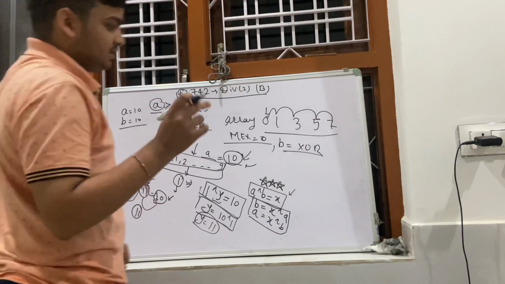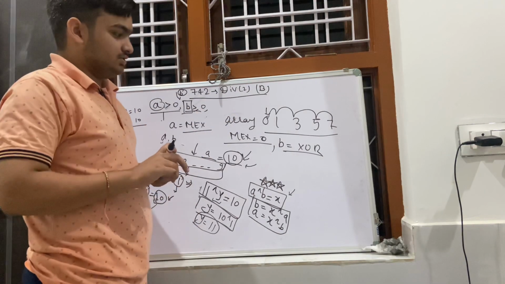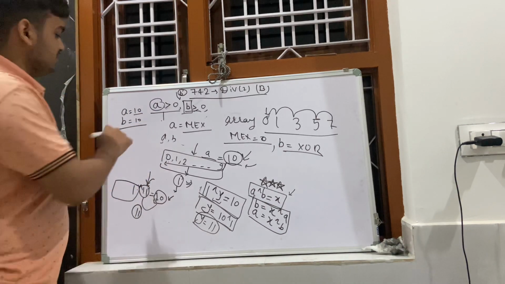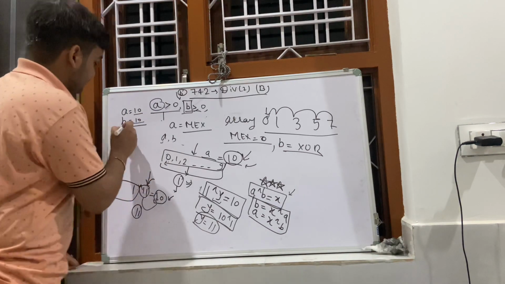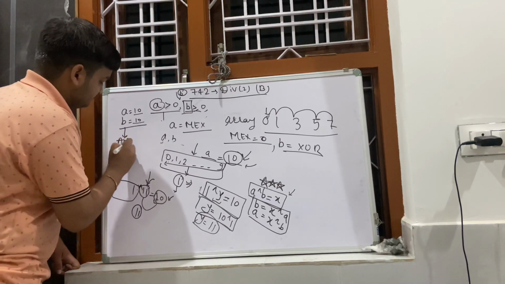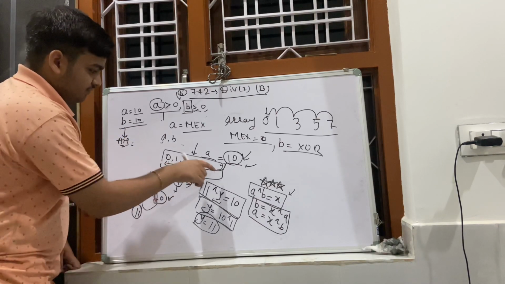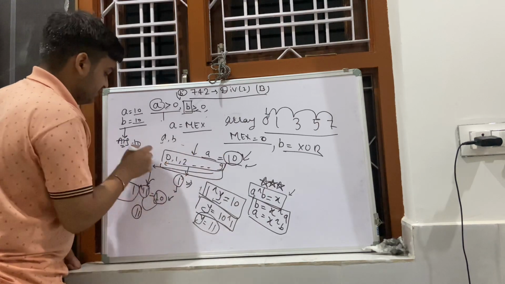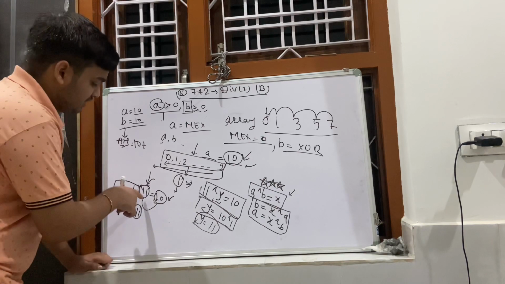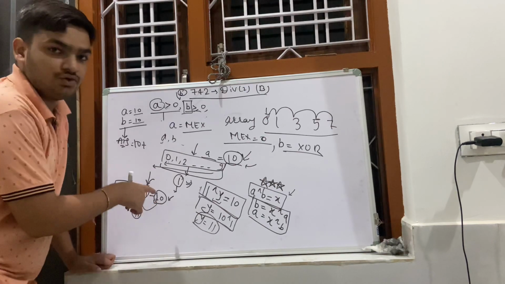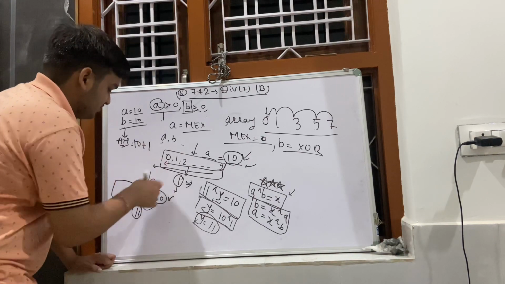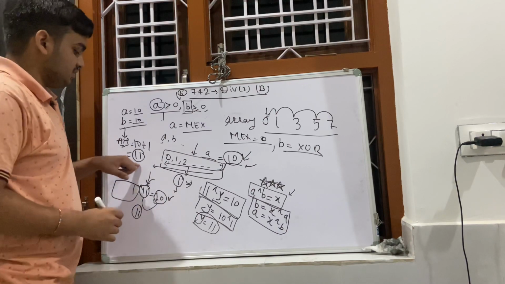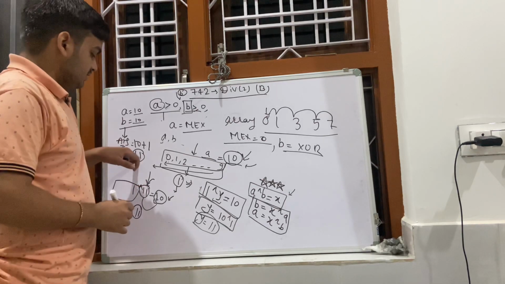So for a is 10 and b is also 10, the answer is the number of these elements, which is 10, the value of a, plus one more element I have to add to make the XOR value 10. So the total answer comes out to be 11.